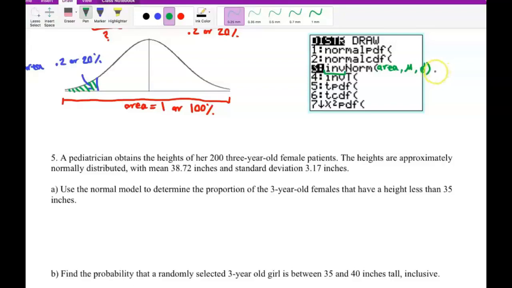Normal CDF is when you have z-score, and inverse norm is when you have area and you need to find z-score. So on this part, I'm writing it here. The area is given, so find z-score. Or in other words, we need to find cutoff value, which is exactly what we mean for z-score.